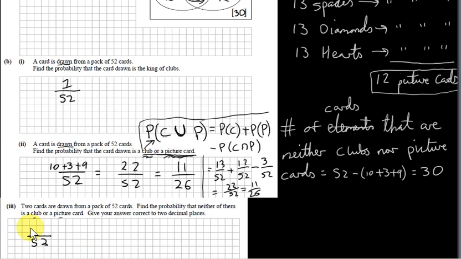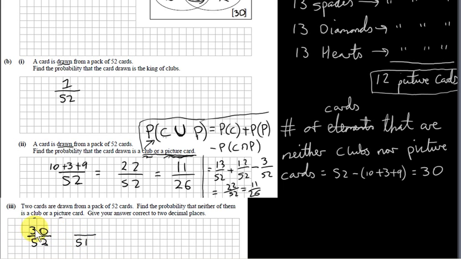So the probability that the first card drawn is neither a club nor a picture card is 30 over 52. Now we make a second draw. In the second draw, we will be drawing from 51 cards, presumably. Presumably when the first card was drawn, it was not replaced. So then we're drawing from 51 cards.